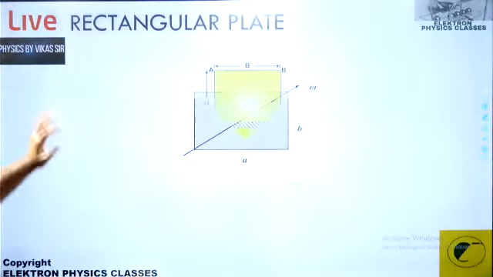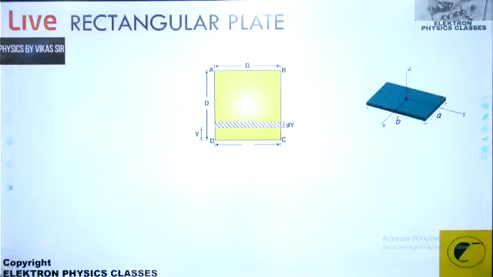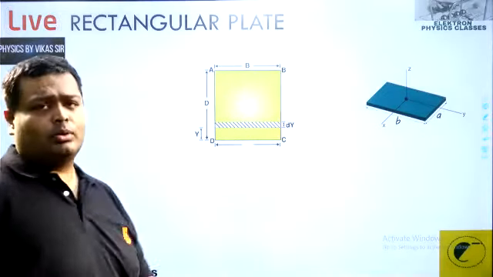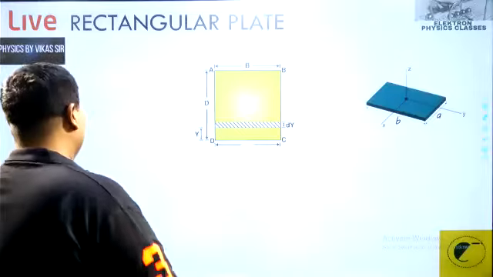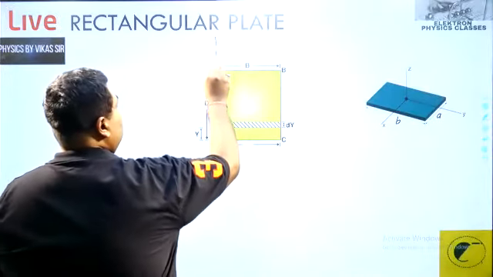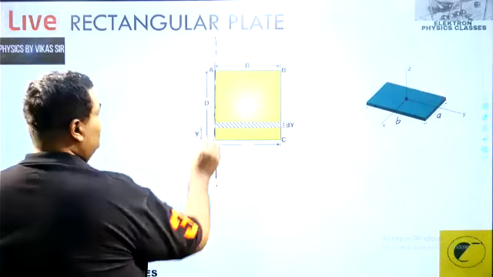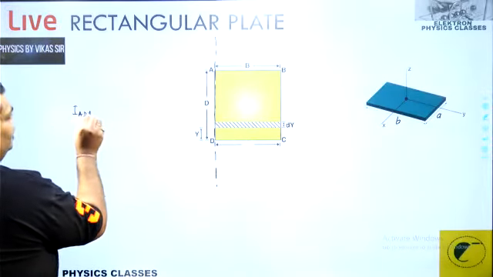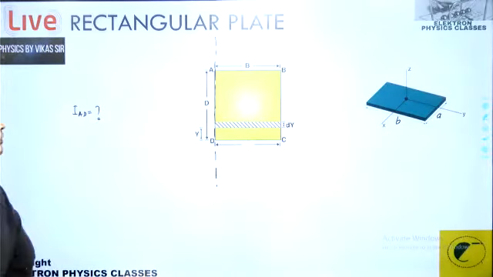Let's move forward. This is a rectangular plate now. A strip is there, so I need to integrate. I have 4 axes with me. This is one axis. What is this axis? AD. I need to find the moment of inertia about AD.